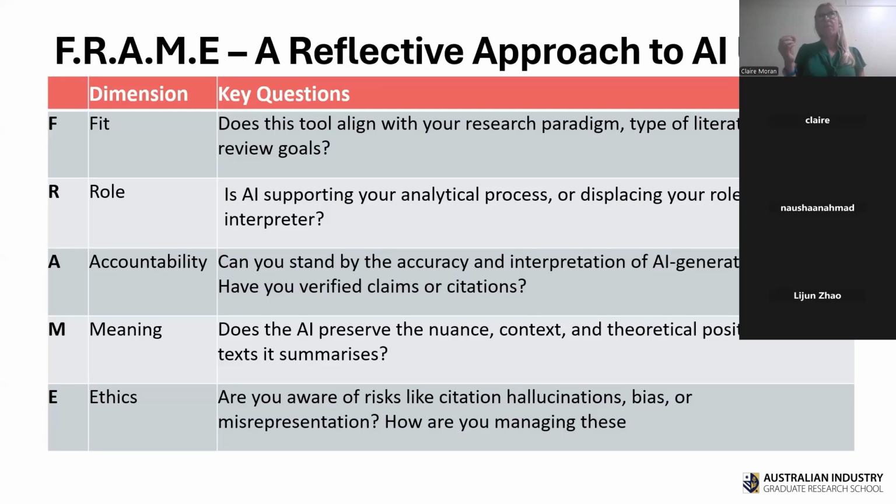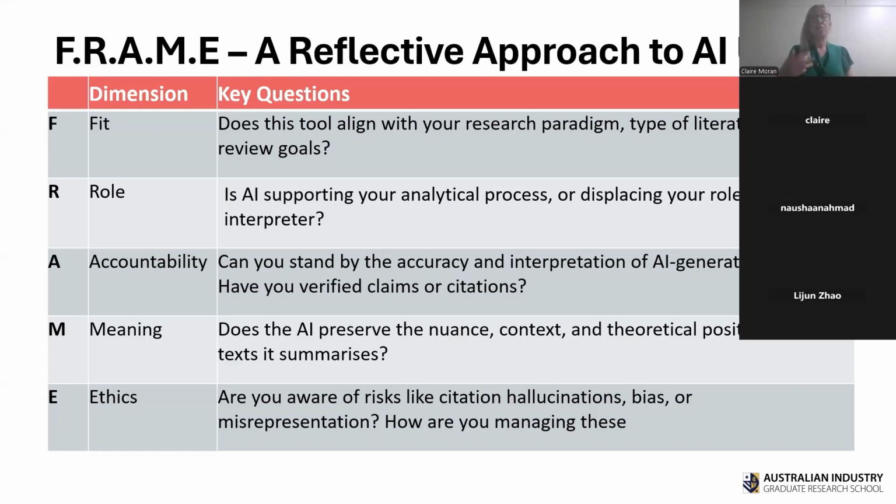So we do have this propensity of large language models to hallucinate. When we are thinking about the kind of claims that we're making or citations that we're using, are we making sure that they are actually accurate? Because again, it's our name on the piece of work. So we need to have that ownership and responsibility over what we're producing.